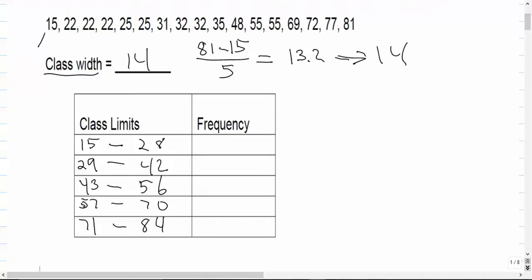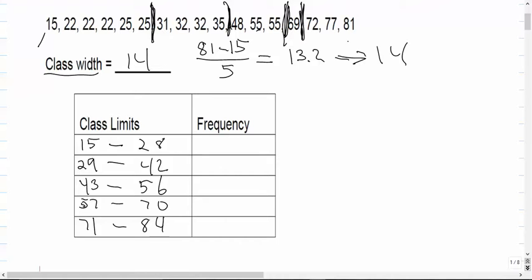The next thing I do is go through and determine how many data values fall in a particular class. So from 15 to 28, that's going to be cut off right here. Then the next cutoff point is 42. The next cutoff point is 56. The next cutoff point is 70. And then 84.